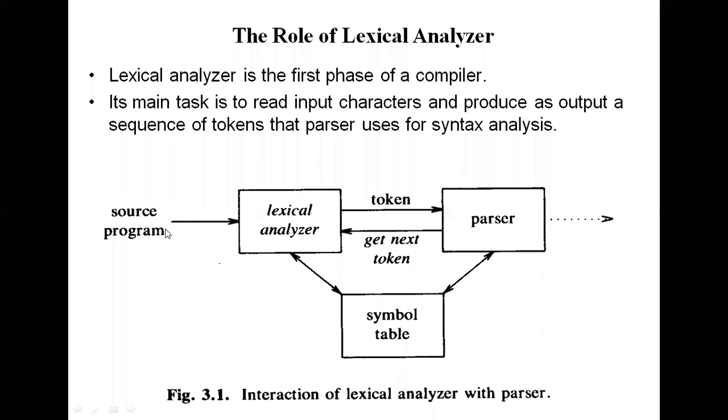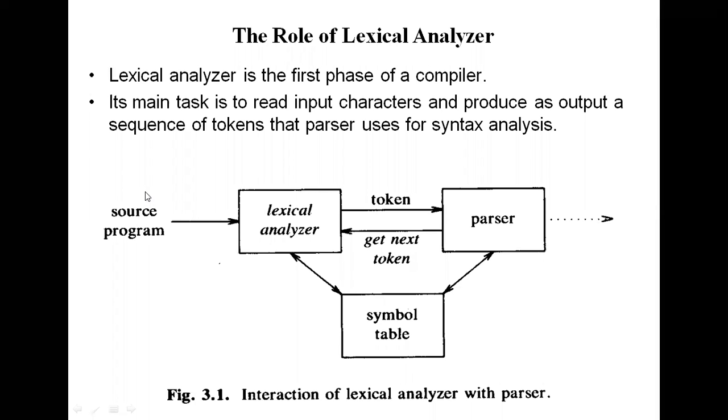Now, scanning the input from left to right, starting from the left, the first thing I need to read is position. I read the statement character by character, not scanning the whole statement at a time.